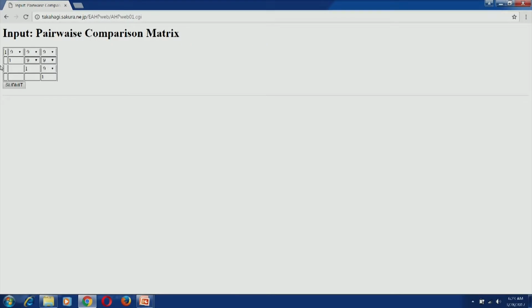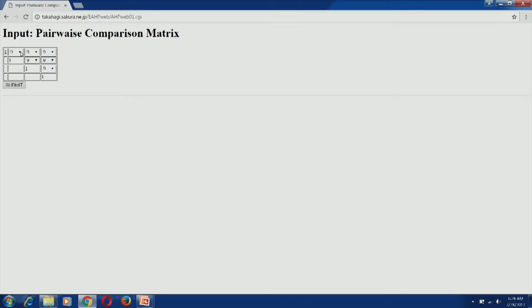Now you have got the input matrix. There are 4 criteria. Criterion 1 to criterion 1, the relative importance is 1. Similarly 2 to 2 is 1, 3 to 3 is 1 and 4 to 4 is 1. So let's go for data entry.